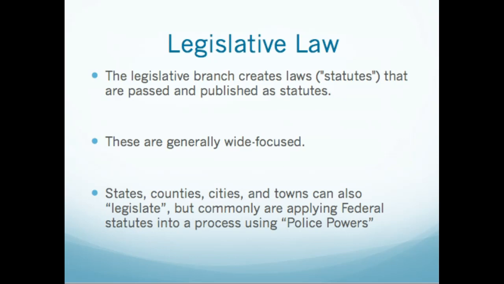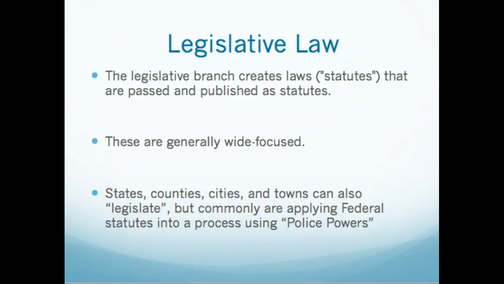They're using their police powers, as we discussed last week, in order to tailor the federal law, staying within its confines, to the norms and values of their own communities. So we have a lot of legislative law. We have a lot of executive orders and executive directives coming from the president, and then those branch out into a myriad of, normally 3-letter names across the government that make up all of these rules.